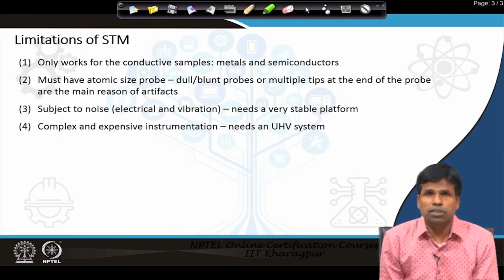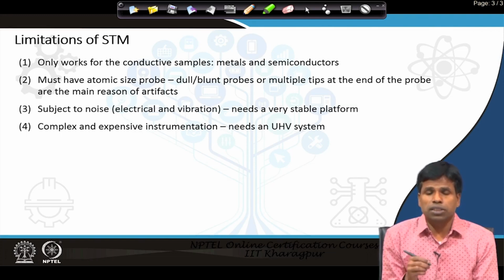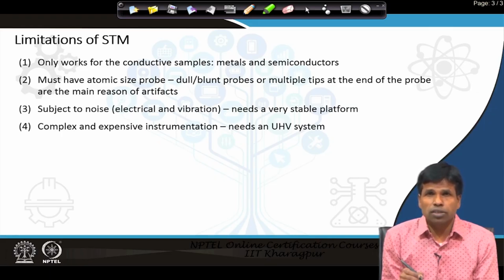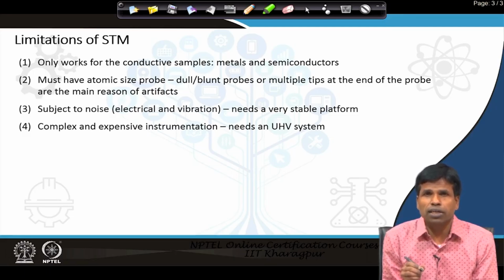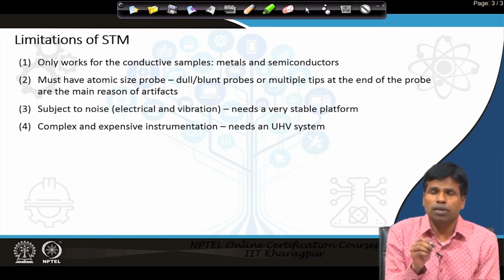In particular, this is the tunneling current, and we use an atomically sharp tip, because we get information at the atomic scale. The tip should have a single atom, then only can we get current passing between two atoms, one atom in the sample and one atom in the tip.